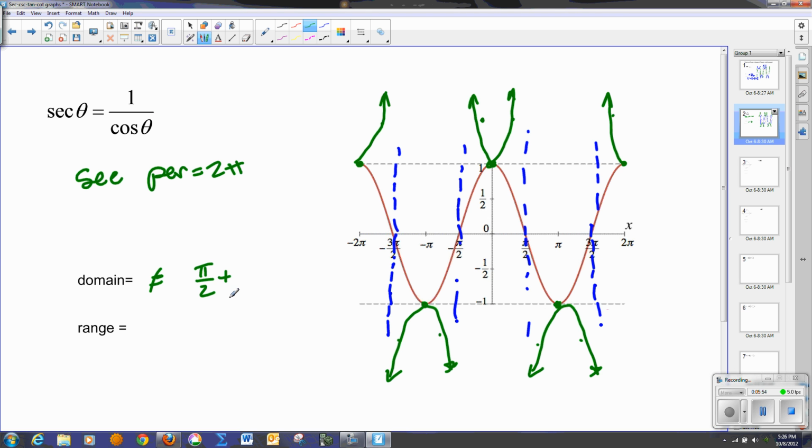That's pi away from pi over 2. So any pi multiple thereafter added to pi over 2. Y values very similar to the last one. We go from negative infinity to negative 1 in union with 1 to infinity.